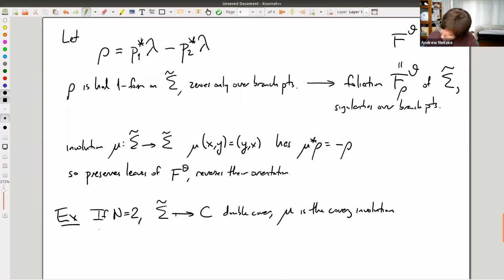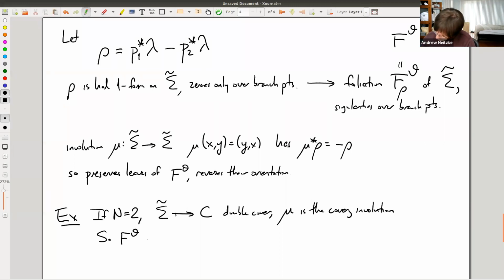So what that means is that this F theta, which is an oriented foliation of the cover, descends to an unoriented foliation downstairs. The leaves are invariant under the involution. That means they descend to leaves downstairs, but without a canonical orientation.